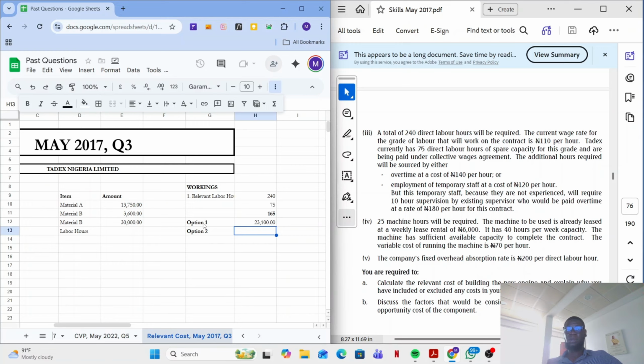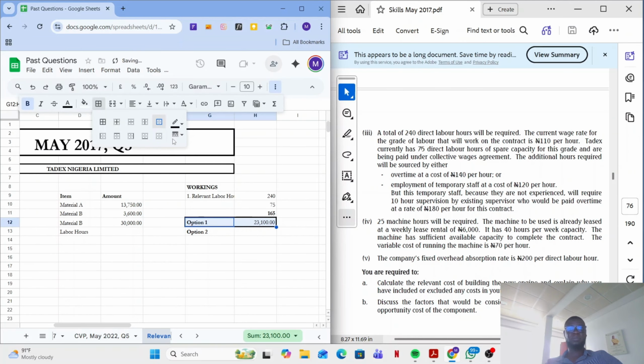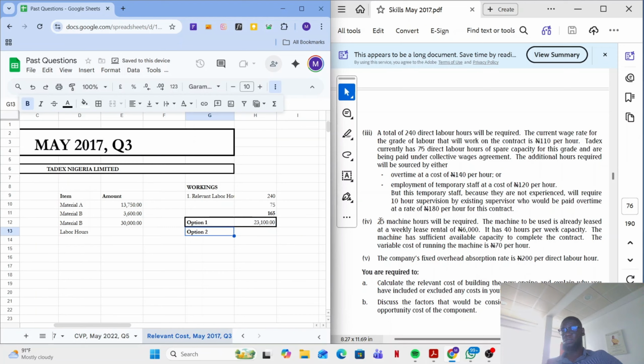Let me make this separate so it looks really separate from what we have there. Option two is to bring this person in at 120 naira. The number of hours the person will be working, we already know, is the total number of relevant hours, 165.